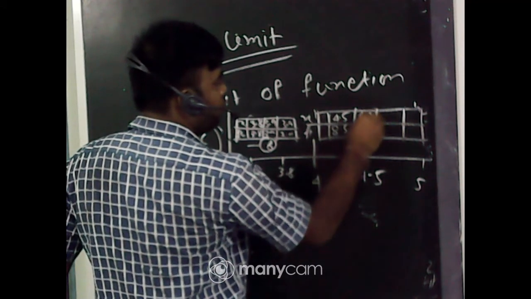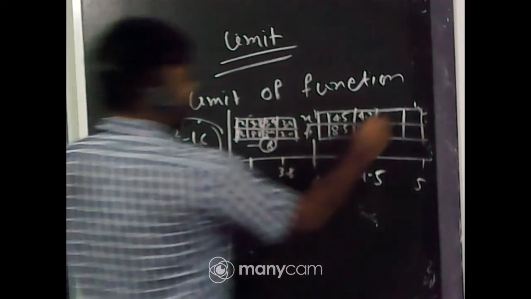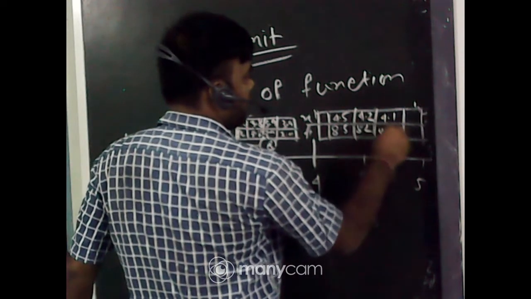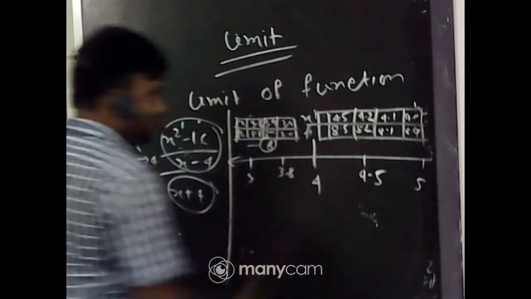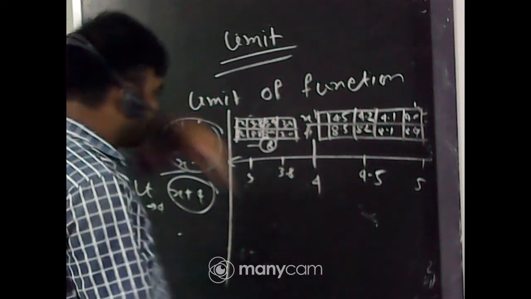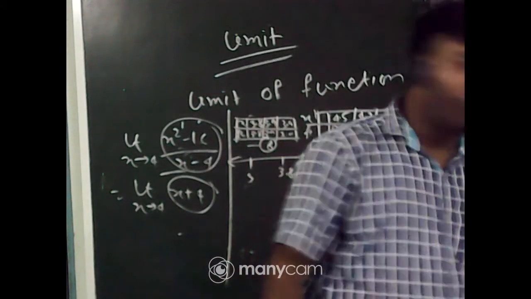Next 4.2, 8.2. 4.1, 8.1. 4.01, 8.01. Now one thing is also clear: when x is tending towards 4, the value of f(x) is also tending to 8.